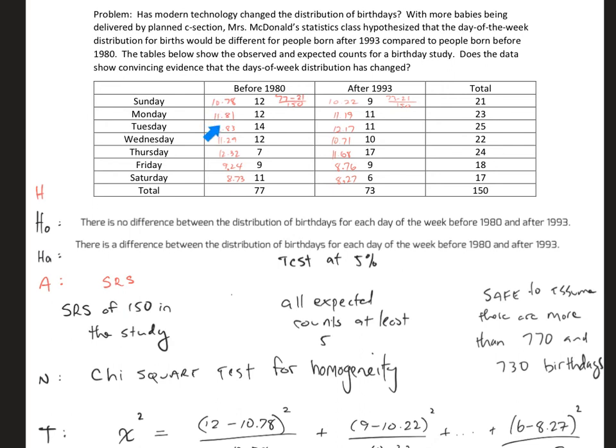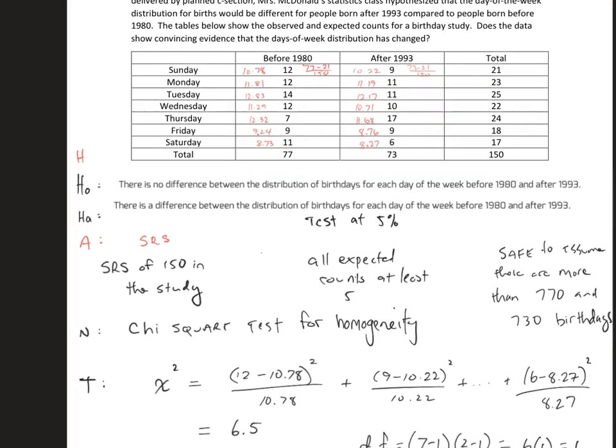It is now safe for me to see that all of my expected counts are at least 5, and it is safe to assume there are more than 770 birthdays before 1980, and there are more than 730 birthdays after 1993. We are going to conduct a chi-squared test for homogeneity.